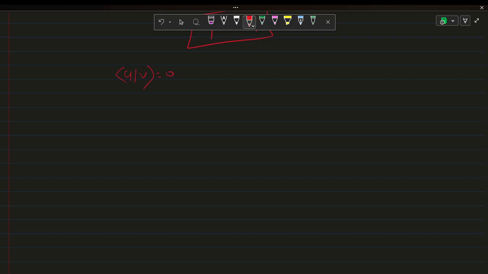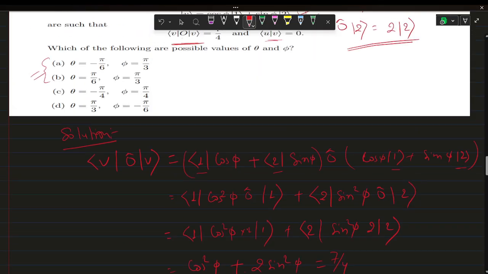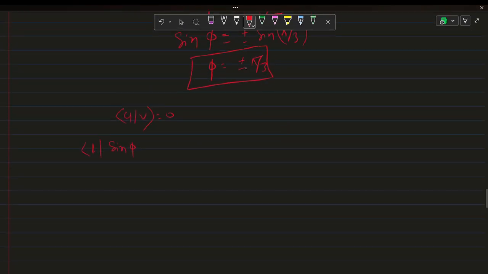So this is (cos θ ⟨1| + sin θ ⟨2|), the scalar product with (cos φ |1⟩ + sin φ |2⟩), equal to 0.